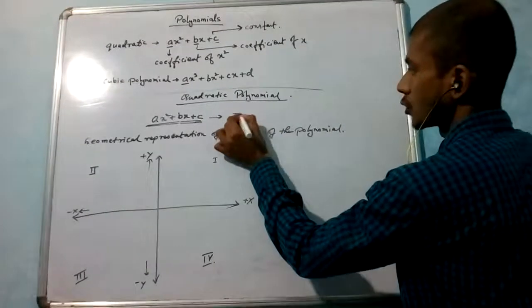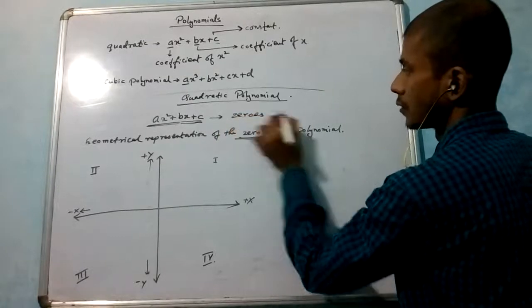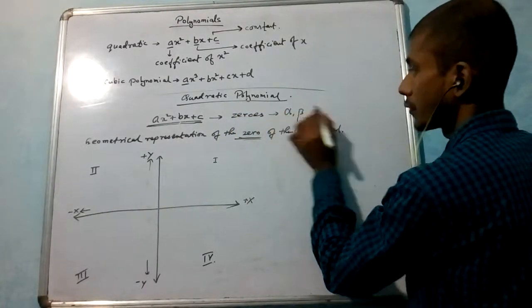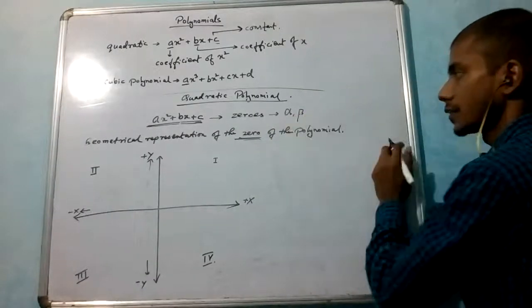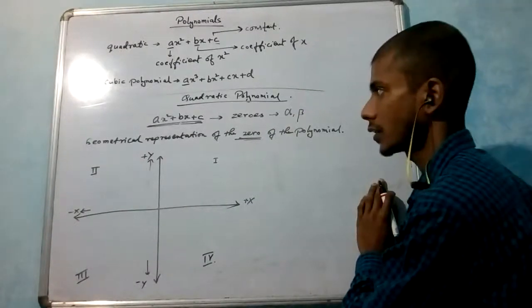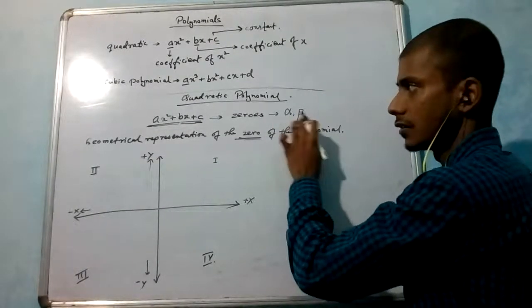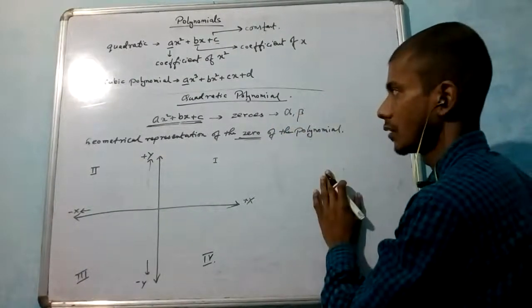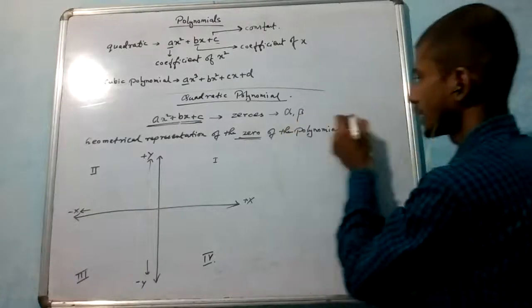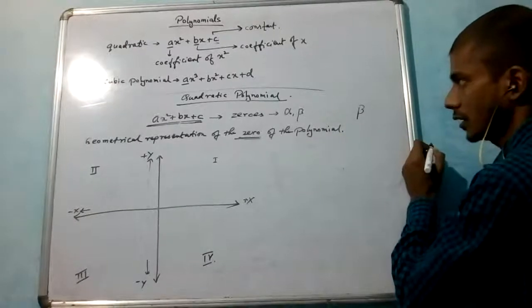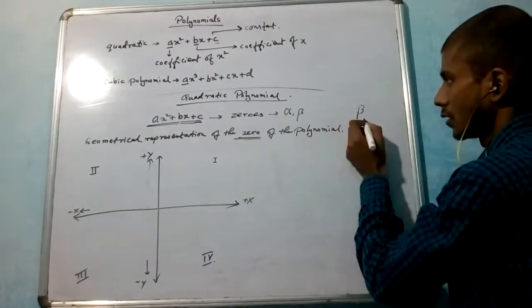What were the zeros? We had assumed alpha and beta. Beta is written like this, and alpha like this.